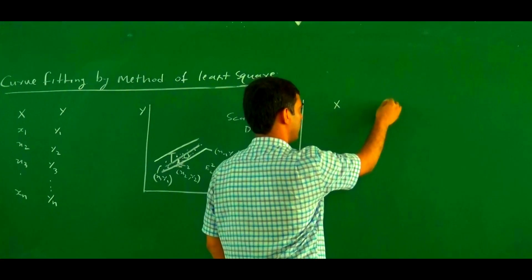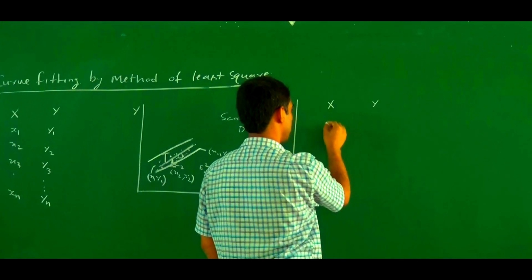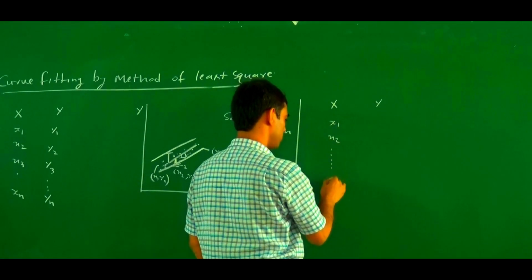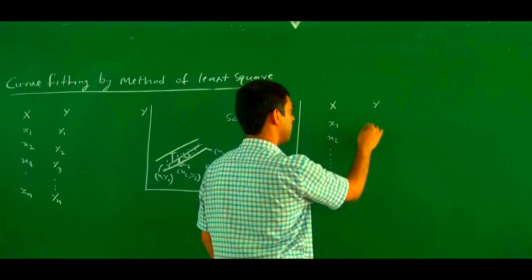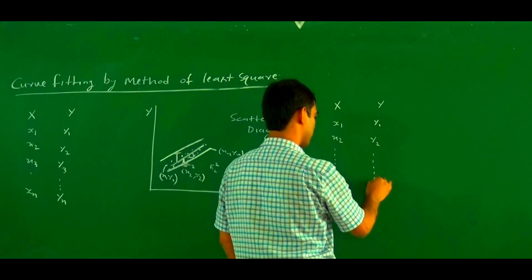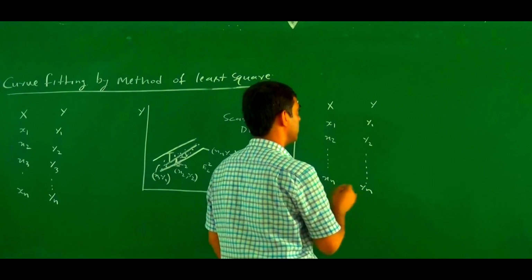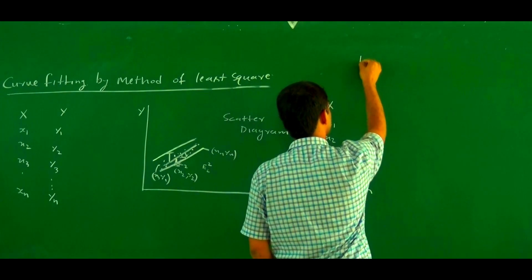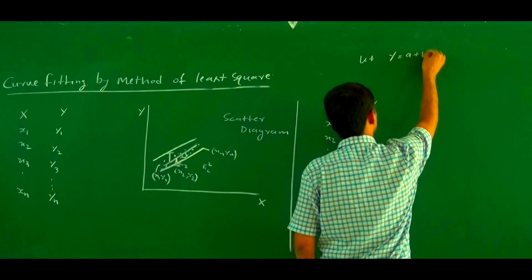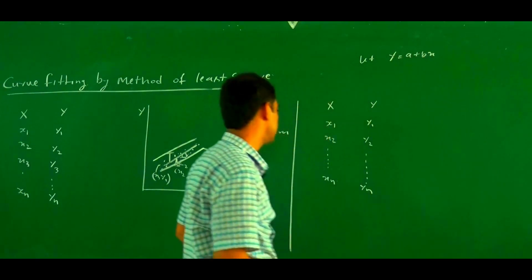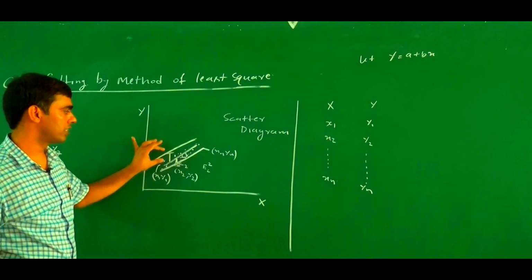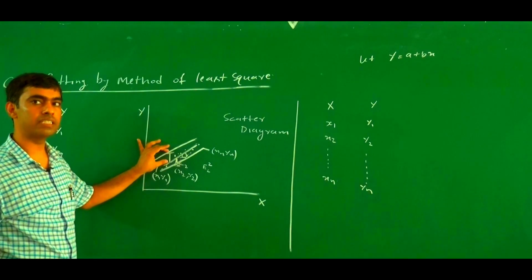So mathematically, how do we find this? x is given and y is given. So this is the data: x1, x2 up to xn, and y1, y2 up to yn. Here we assume that y equals a plus bx is the best fitted straight line. What is the meaning of best fitted? Whose residual value, whose error, is the minimum.